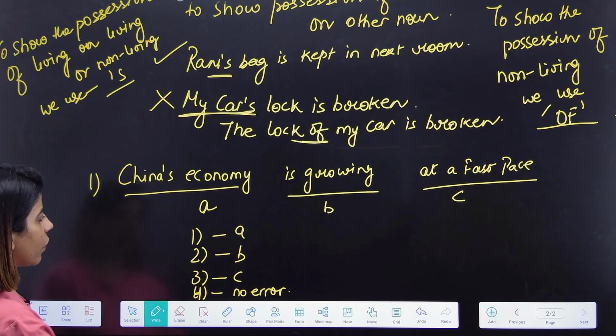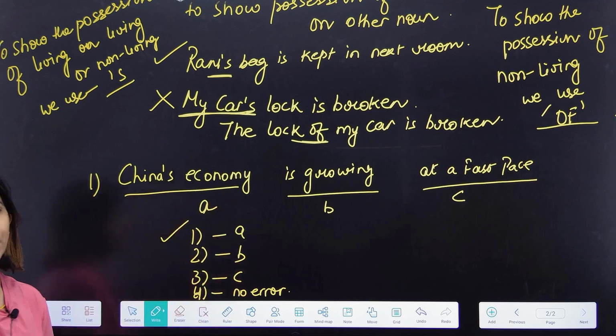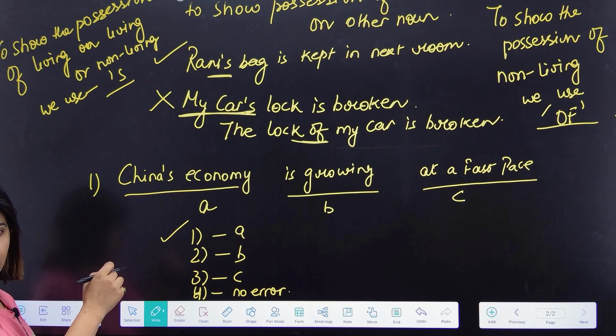A, all right. How many of you agree with what she's saying? Please raise your hands. Those who agree. 1, 2, 3. What do you say, dear? A, U. No error. Should I click no error?